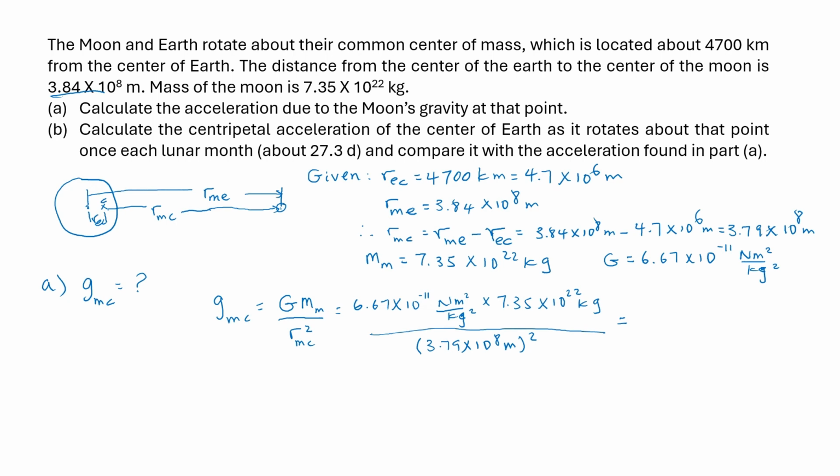That yields 3.41 times 10 to the power of negative 5 meters per second squared. This is the gravitational acceleration due to the Moon at the common center.